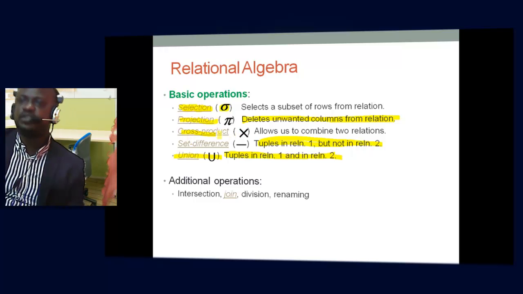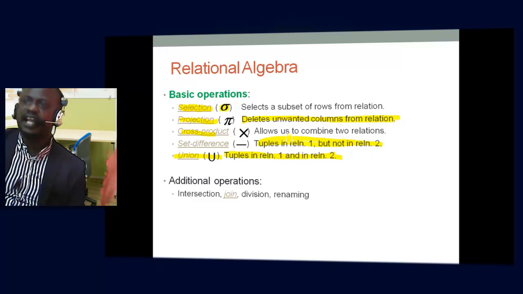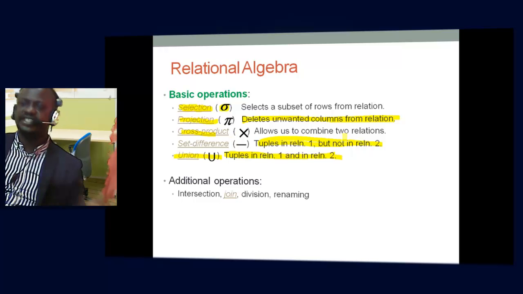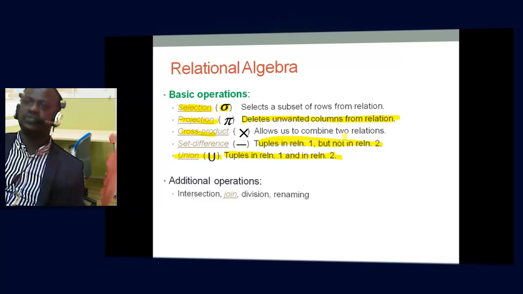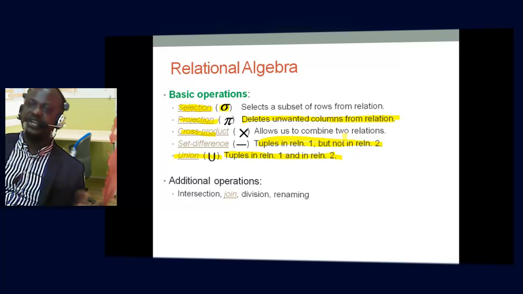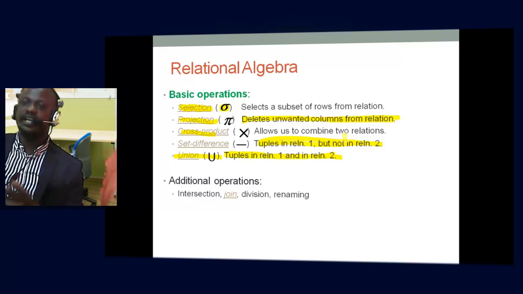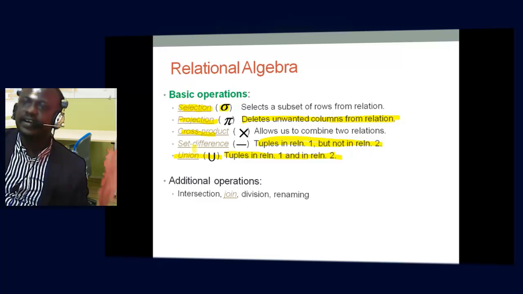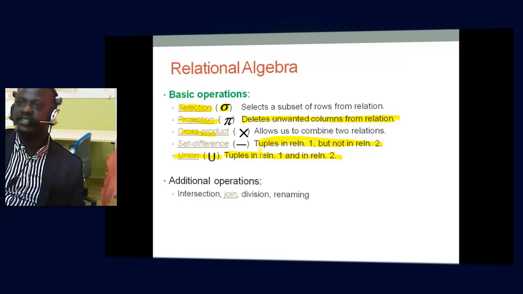And we also have cross product. Cross product allows us to combine 2 relations. Don't get confused between this definition and the union. When you get the example, you will understand better. Now the next one is difference.